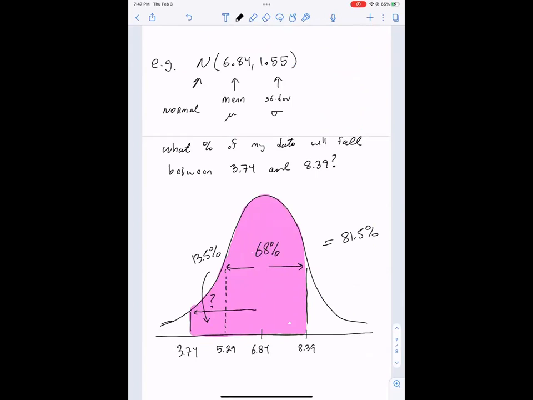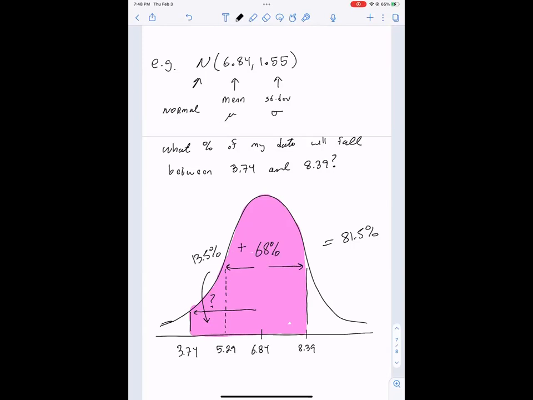So, Professor, from 5.29 to 8.39, that's 68%, right? Mm-hmm. And then it was a matter of figuring out how much to add to that. All right.